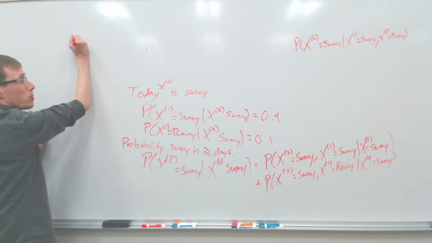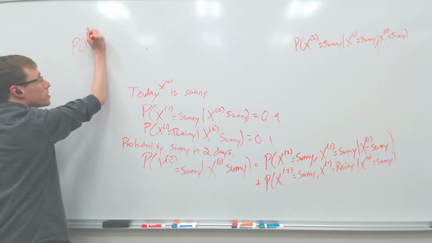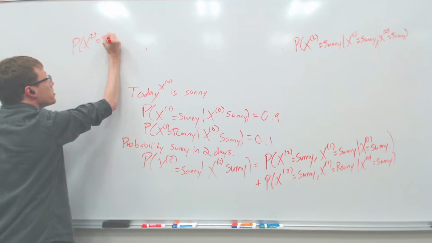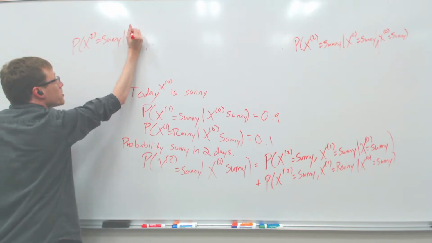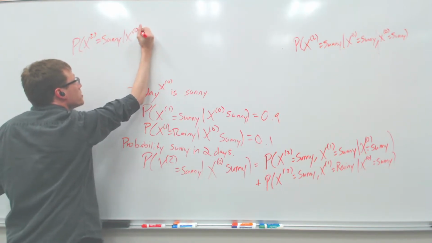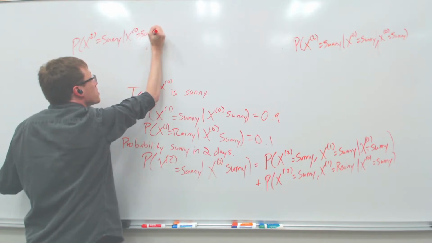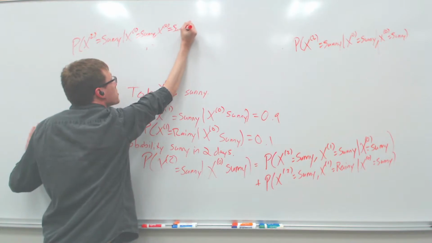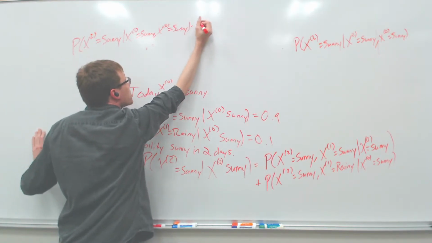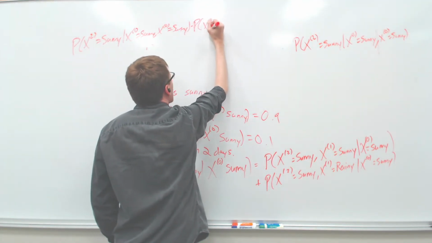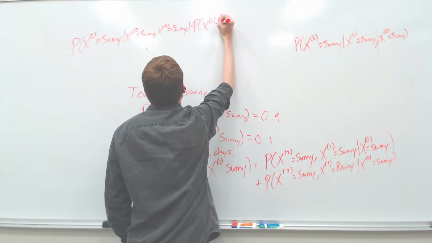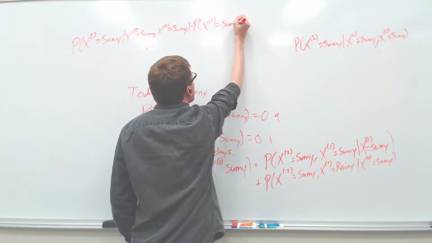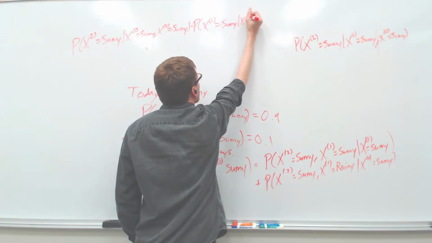So this will be the probability that x2 is sunny, given x1 is sunny and x0 is sunny, times the probability that x1 is sunny, given that x0 is sunny.